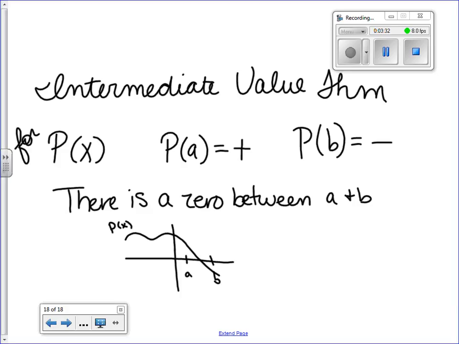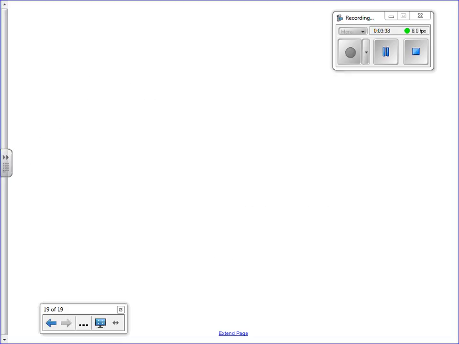Okay? So here's just an example. Let's say p of x is x cubed minus x minus 2.